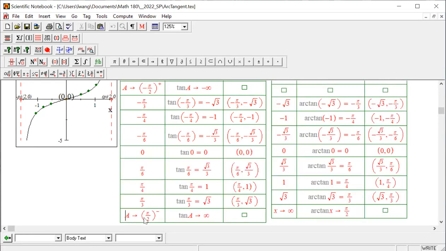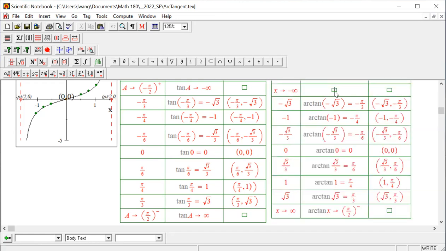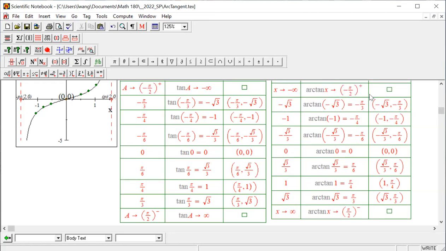On the limit part, it approaches pi over 2 from smaller than pi over 2. And when the ratio approaches negative infinity, arctan of that ratio approaches negative pi over 2 from larger than negative pi over 2. You see, the whole thing is swapped.